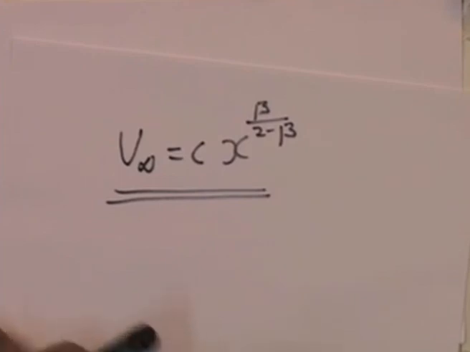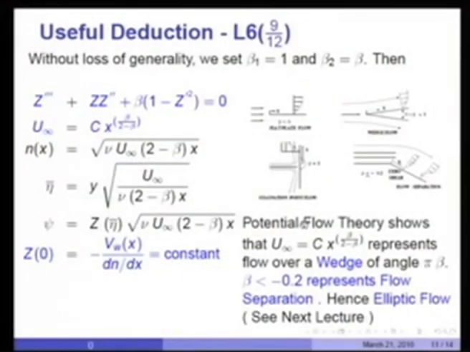And that is what I have shown here. The potential flow theory shows that u infinity equal to C x raised to beta over 2 minus beta represents flow over wedges of included angle pi beta.